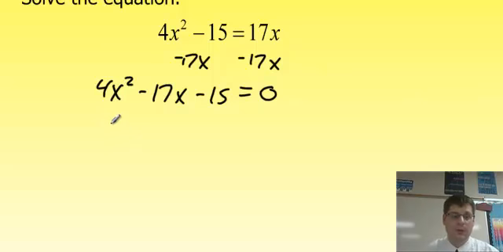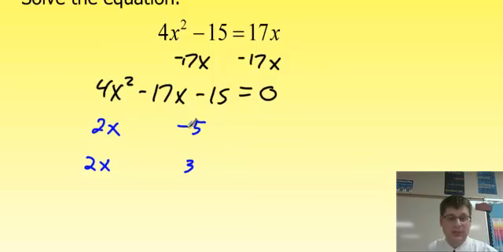Okay, so what times what gives me 4x squared? 4x and x, or I'll just try 2x and 2x. I have a negative 15, so that tells me that the signs are going to be opposite. Let's say I'm going to shoot with, how about a negative 5 and a positive 3?